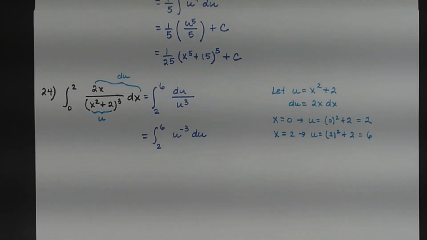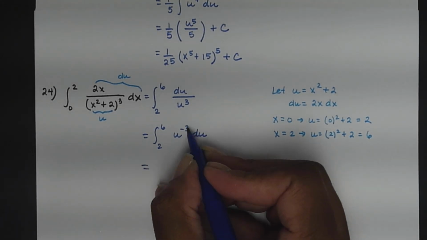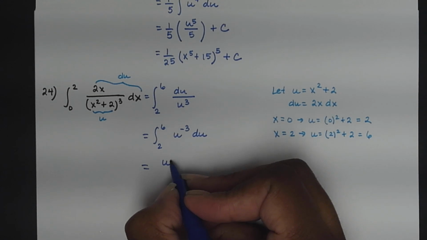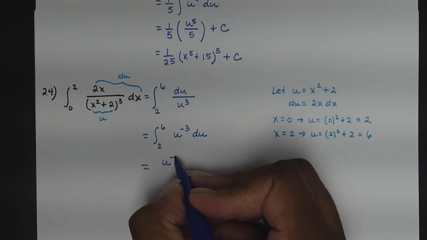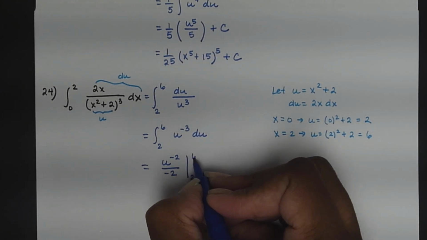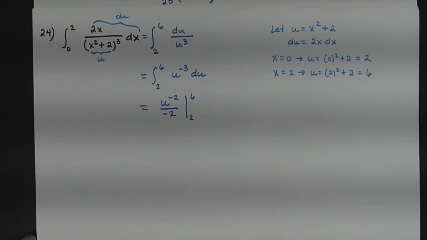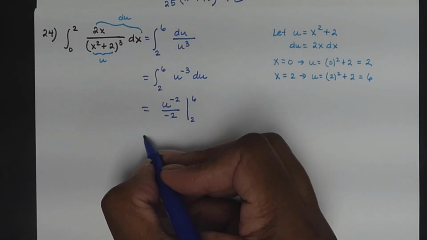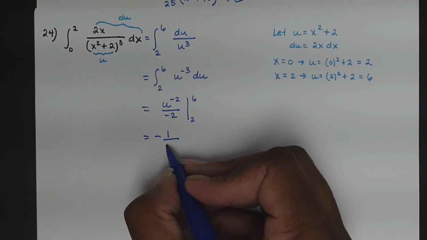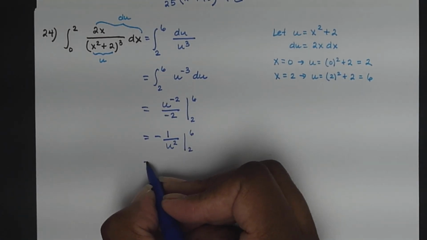And then I'm going to integrate using the power rule. Integrate u to the negative 3 by increasing the power by 1, so u to the negative 3 plus 1, which is negative 2, over negative 2. And we're going from 2 to 6. Here we don't need that plus c, because it's a definite integral. Let me rewrite this as negative 1 over, pulling the u squared down, u squared in the denominator, from 2 to 6.